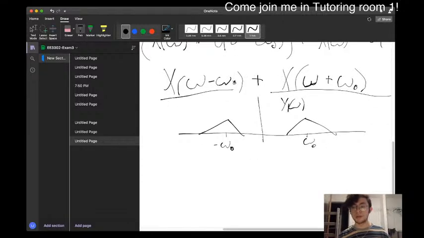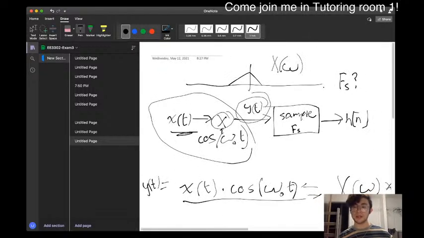So now, notice, if we were to sample at, say, twice of this frequency, so let me say that this is B. So it has the bandwidth of B. That's the maximum frequency.